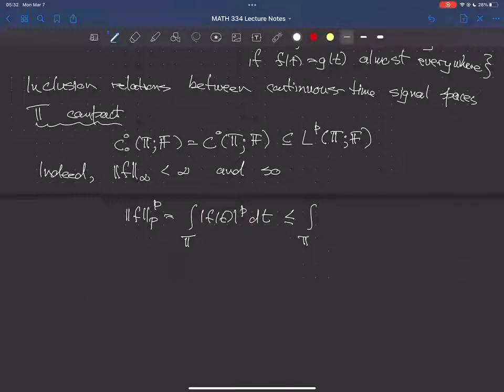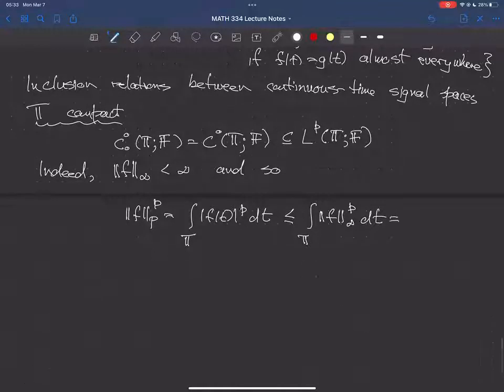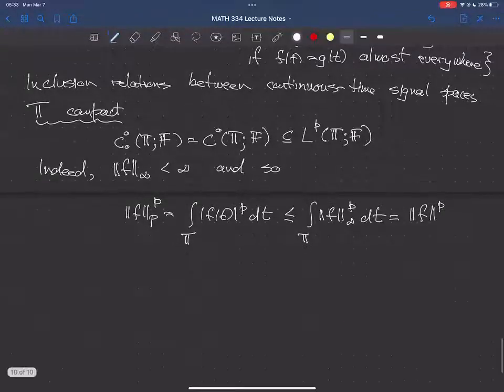So this is less than the infinity norm to the power p of f, times the Lebesgue measure of the time domain, which is finite. That's what happens in the compact case.